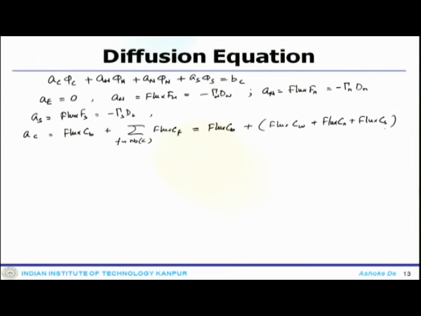So, that is what you get, and the BC is the source term, which is QC times volume minus flux Vb plus summation over neighbors of flux Vf. So, this is what you get for the given Dirichlet condition.